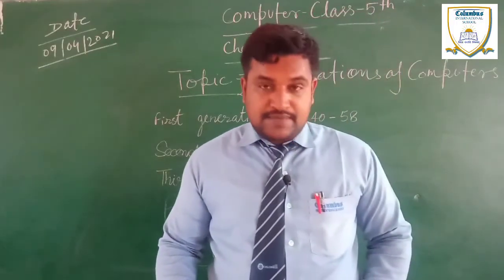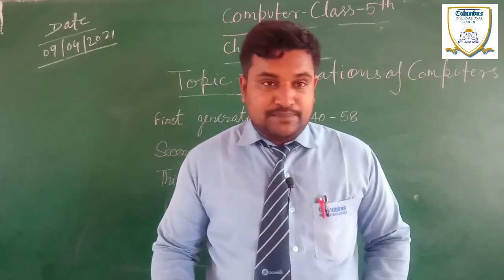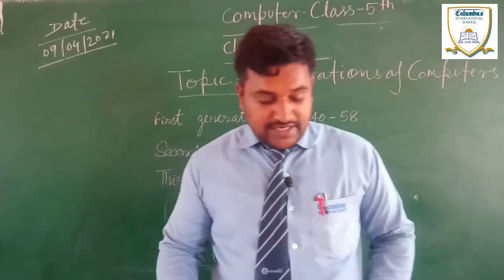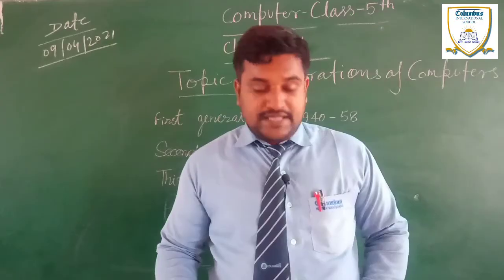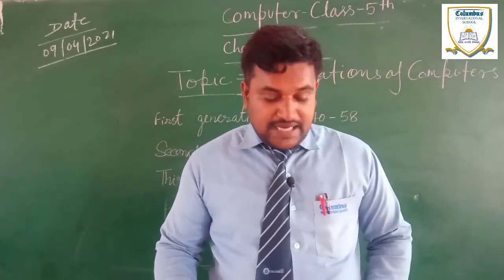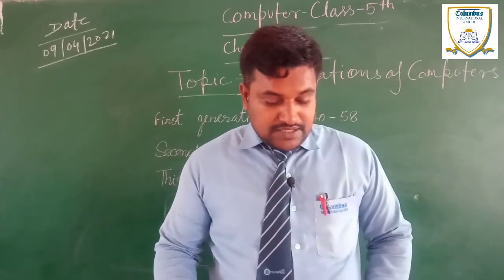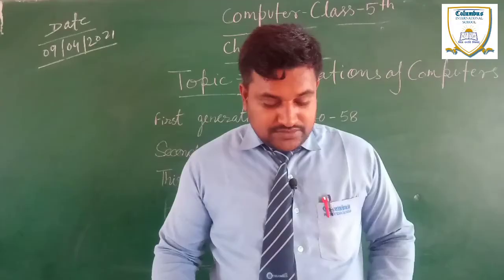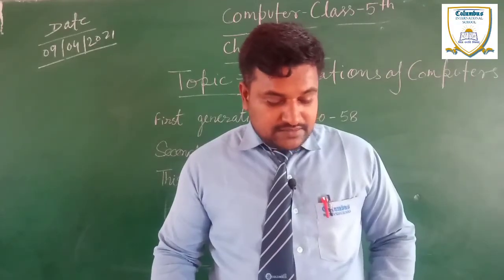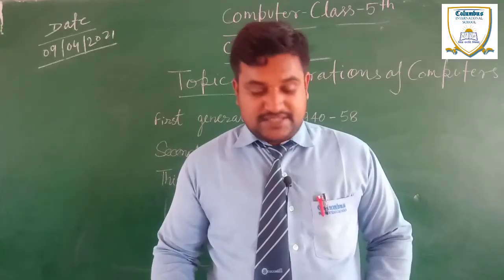Examples of the first generation of computers are as follows. First, the ENIAC computer. The full form of ENIAC is Electronic Numerical Integrator and Calculator, and it was developed by J. Eckert and J. Mauchly in 1946.